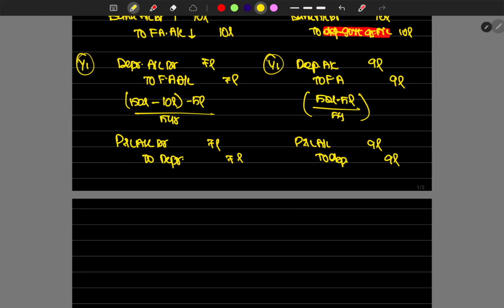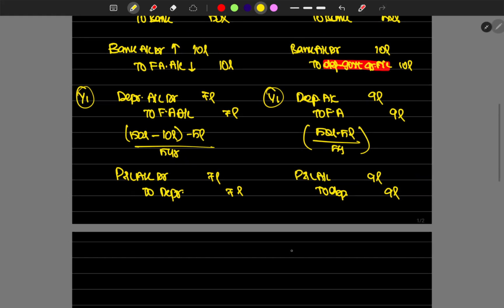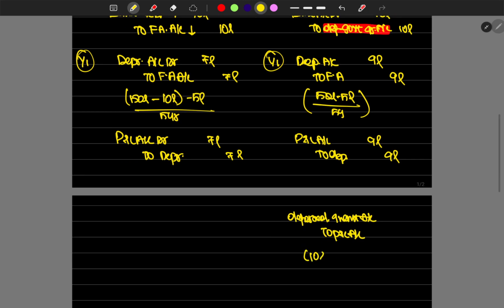Now we have reached the first year, right? We have to recognize the income. How can we recognize it as income? We have already shown the deferred grant as a liability, so we have to reverse that to the P&L account. How much? 10 lakh is the grant amount, and 5 years is the asset's useful life.